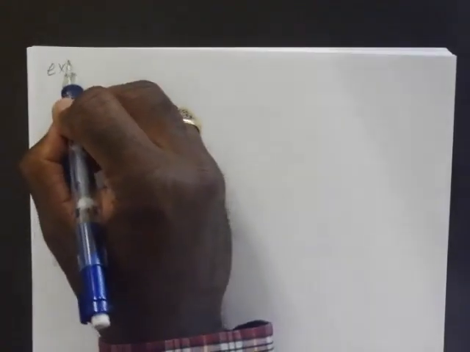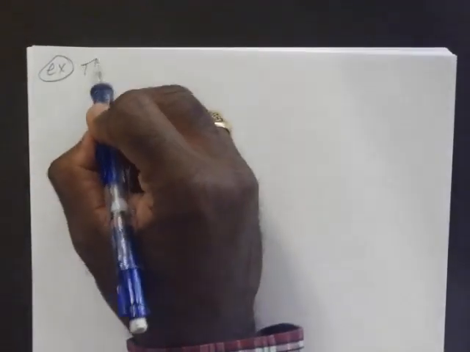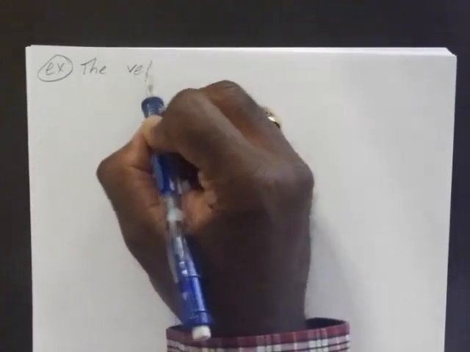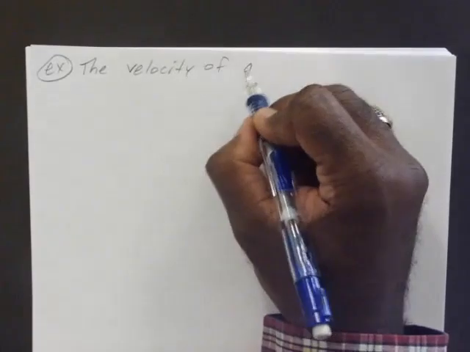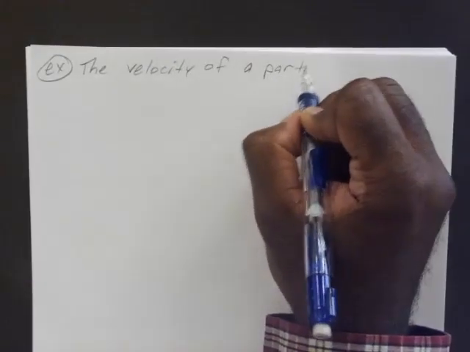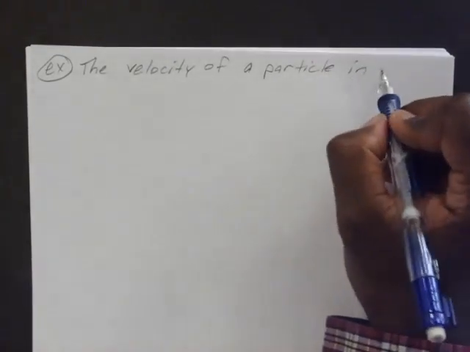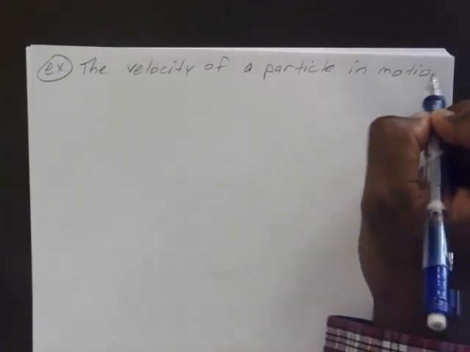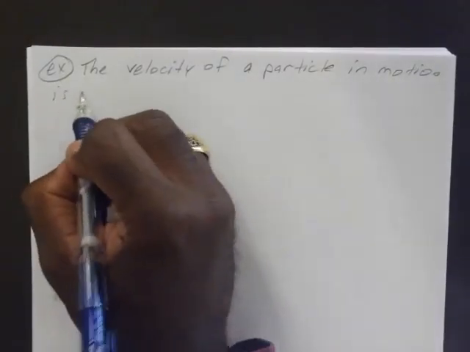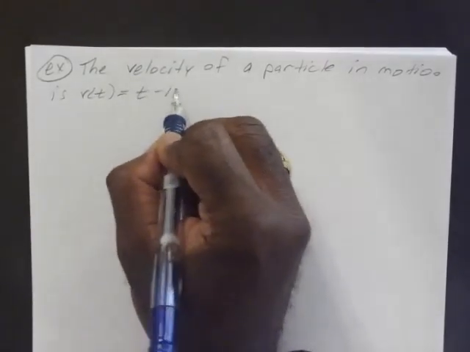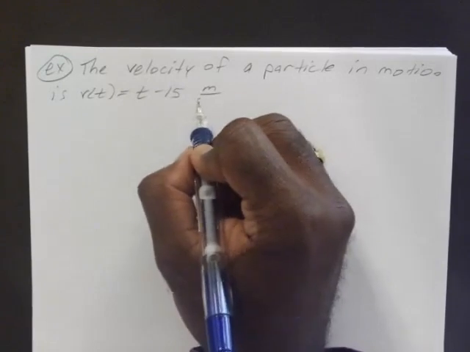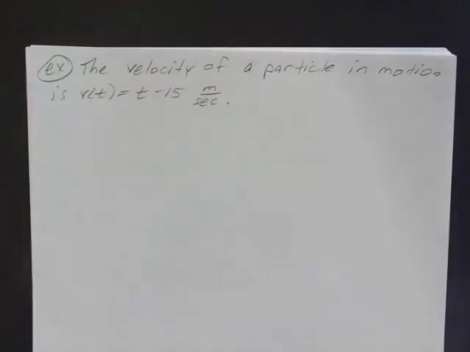So let's say, for example, the velocity of a particle that is in motion is v of t equals t minus 15 meters per second.